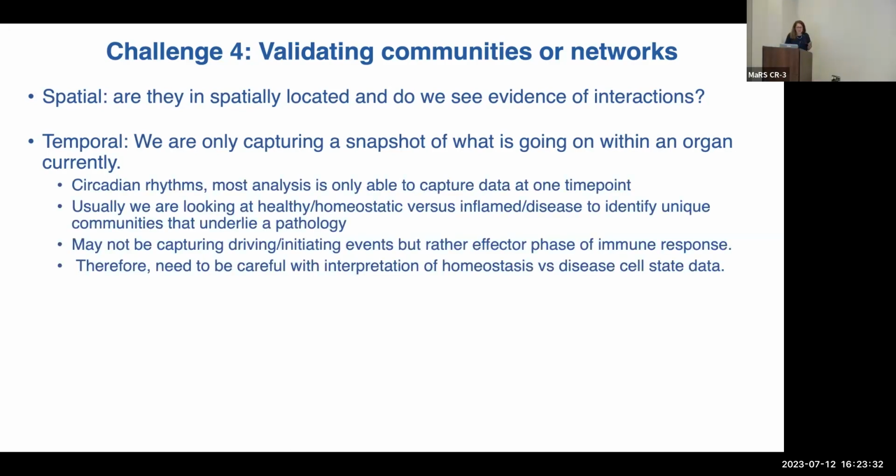But we still have the issue that if we look at homeostasis versus disease, this is a healthy individual, and this is an individual usually with an end-stage organ disease or a type of cancer that's fairly advanced. So we're not really capturing what's happening in the middle and progression. And we know from a lot of studies that each individual has their own disease progression. And so these are challenges, especially when we start to think about validating these communities or networks of cells.